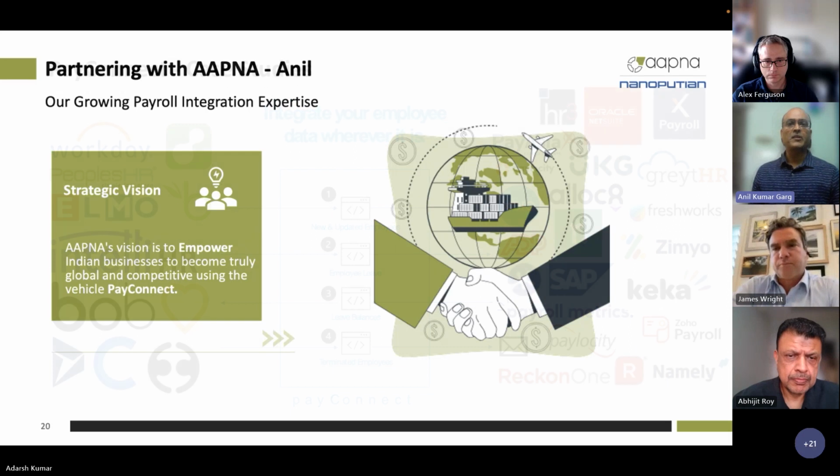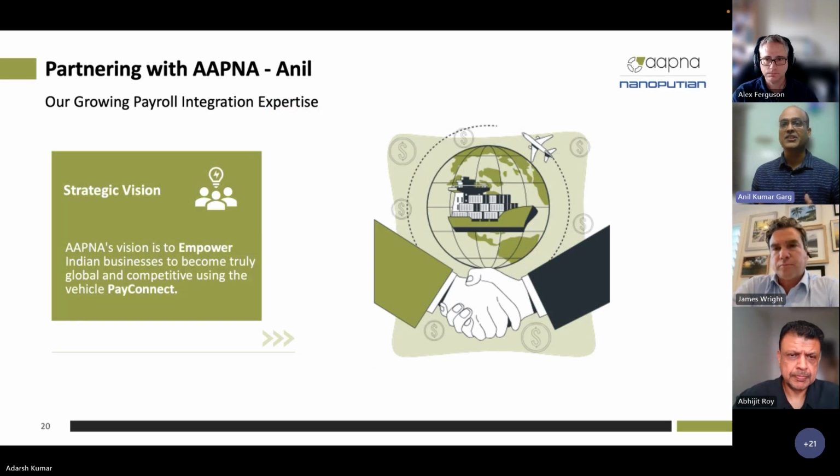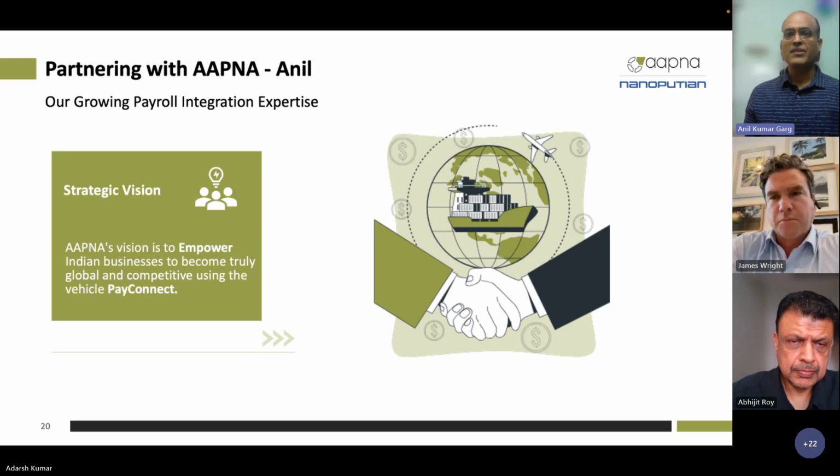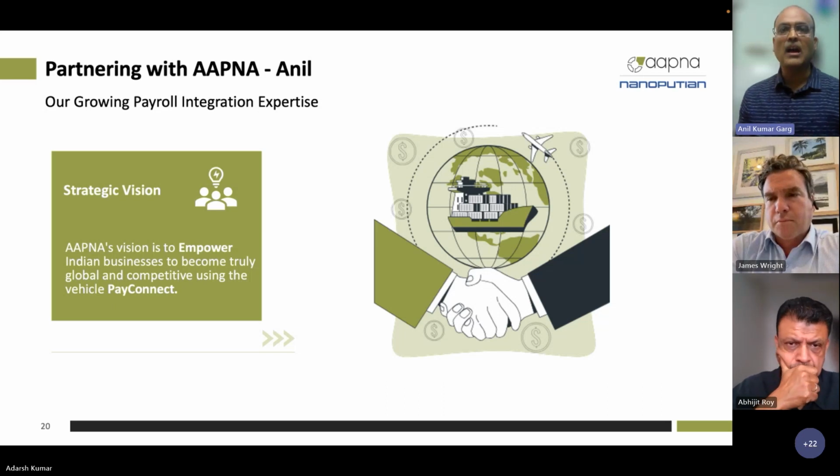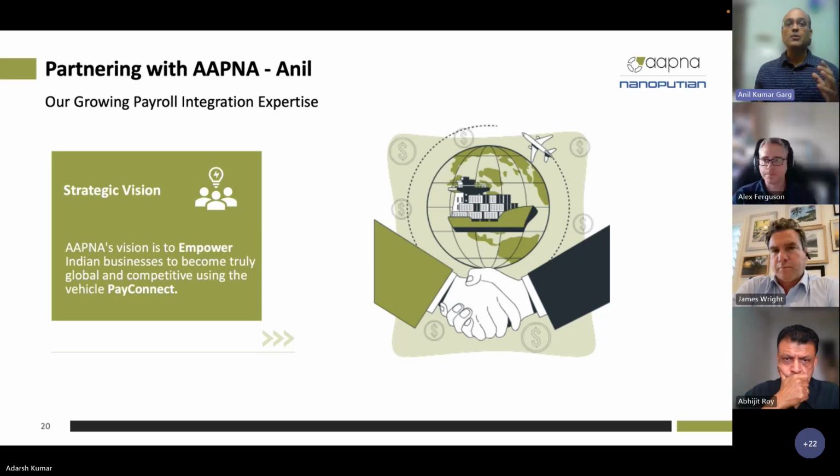So now let's delve into Apna's strategic direction and vision and how we are working to empower the Indian market with this transformative platform, PayConnect. Apna's strategic vision. At Apna, we are committed to bridging the gap between global excellence and local relevance. Our strategic vision is to empower Indian businesses to become truly global and competitive.